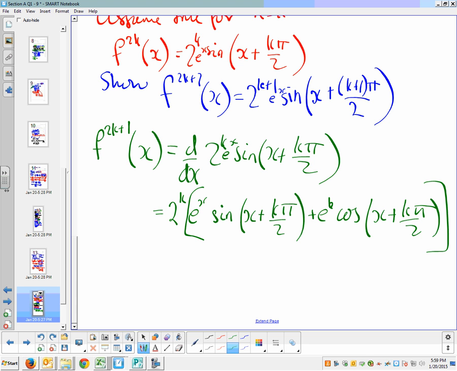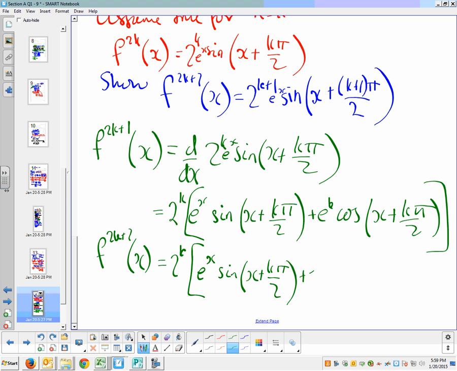And then we differentiate that again to get f of 2k plus 2 of x. 2 to the k, and then differentiate that, e to the x sine x plus k pi over 2 plus e to the x cos x plus k pi over 2.